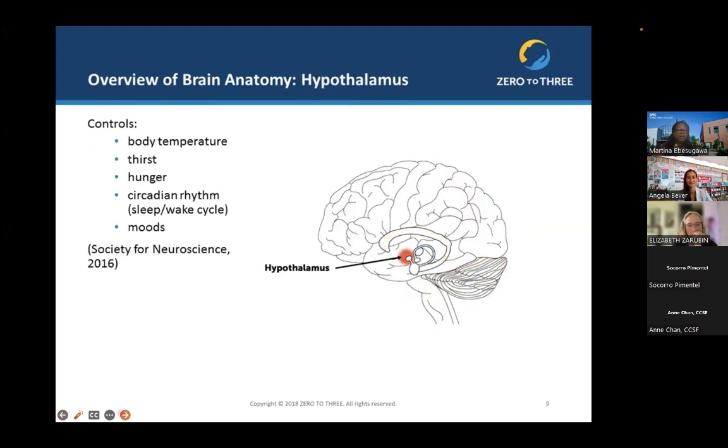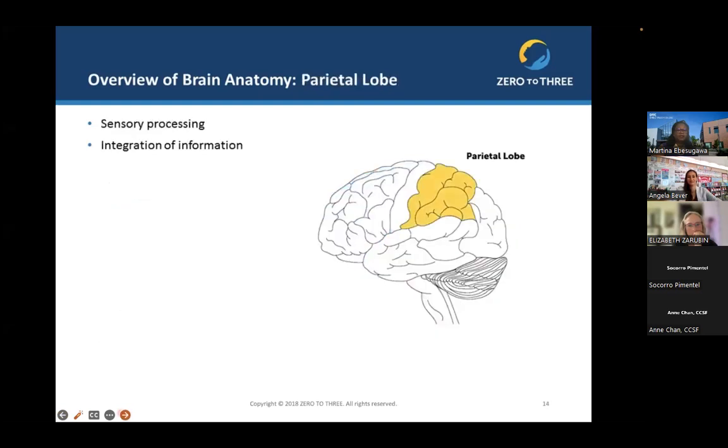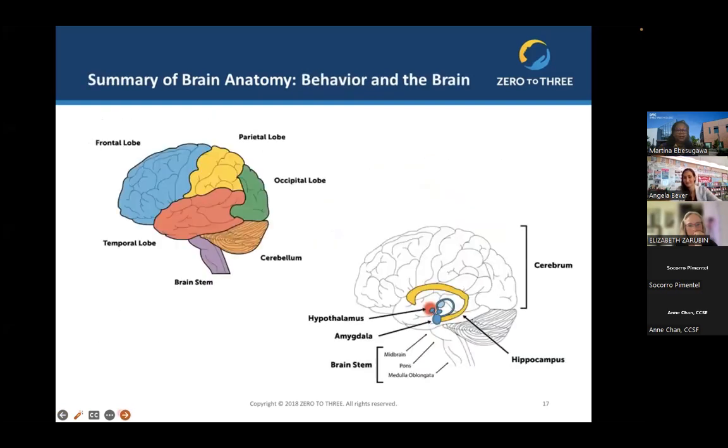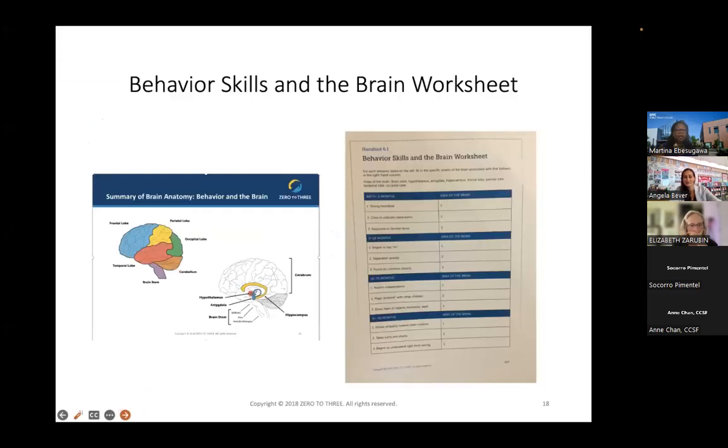So now what I'd like you to do is, Angela's going to drop in the chat for you. We're going to do an activity. And you're going to take the brain that you see here and the handout 6.1, which has behavior, skills, and the brain worksheet.